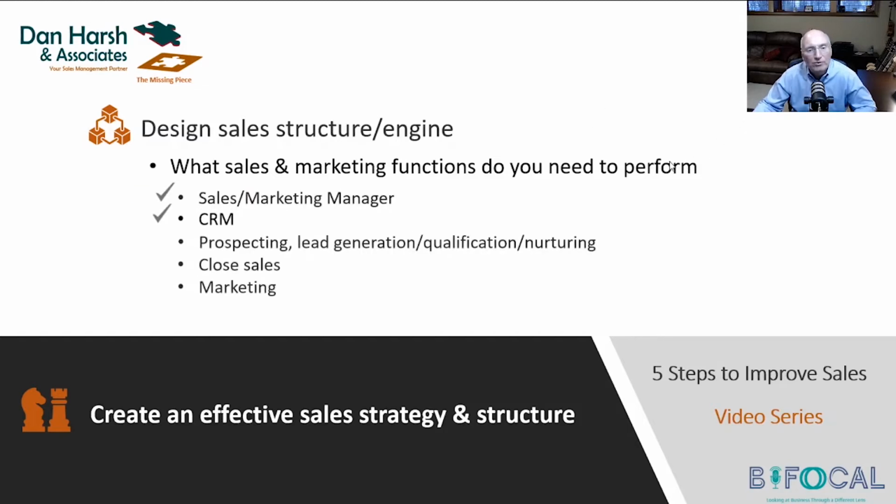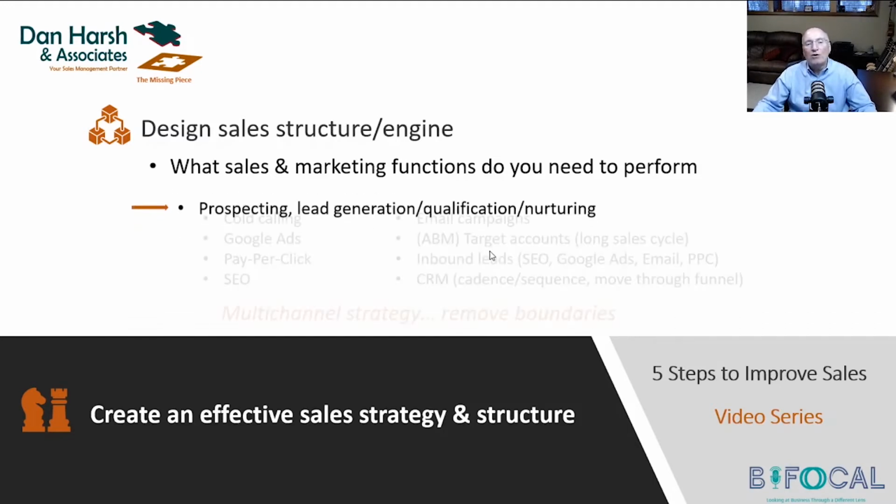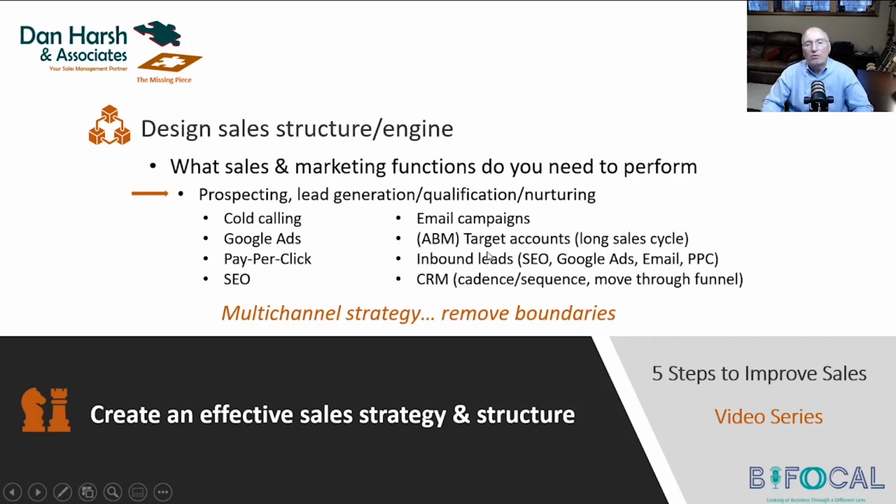Let's keep moving through. We talked about a couple of the things we need, a couple of the functions, sales and marketing, CRM. The next is prospecting, lead generation, qualification, nurturing. What all goes into that? For every successful sales structure, for every successful sales engine, prospecting and lead generation is probably at the core of that.